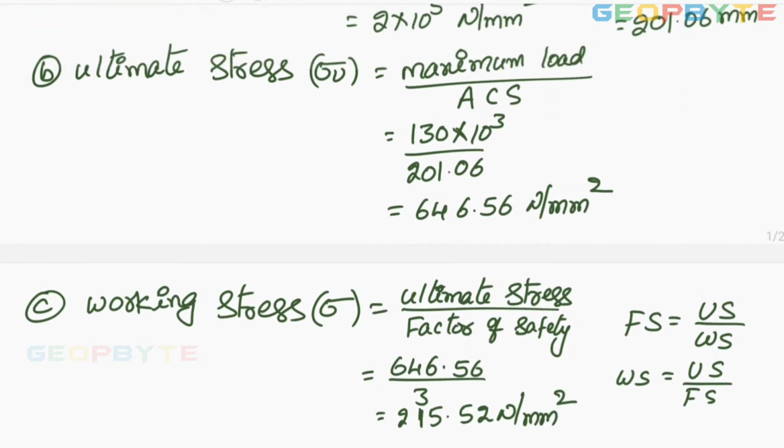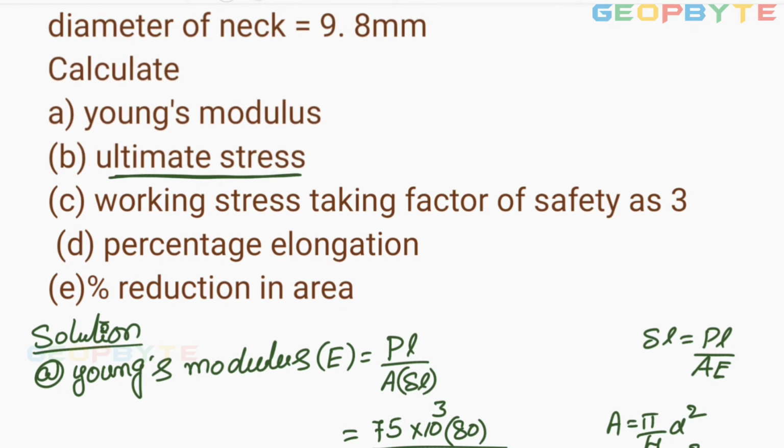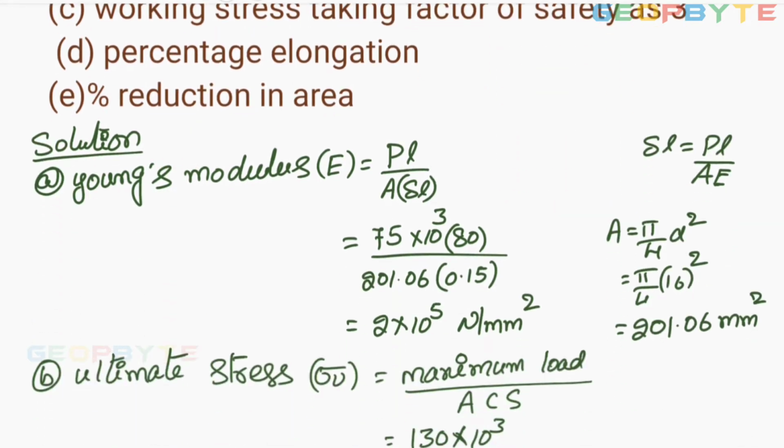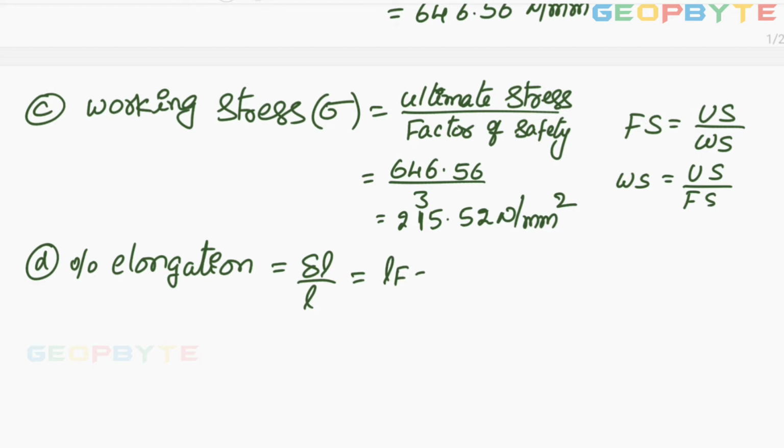Now come to the percentage elongation and percentage reduction. D. Percentage elongation is equal to the change in length by original length, equal to final length minus initial length divided by initial length into 100.